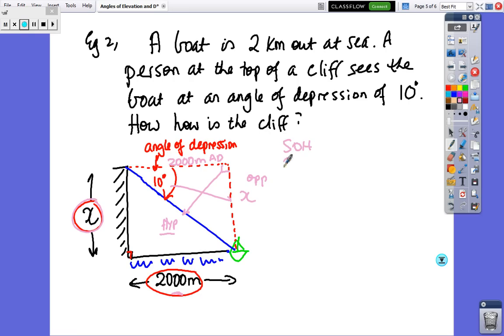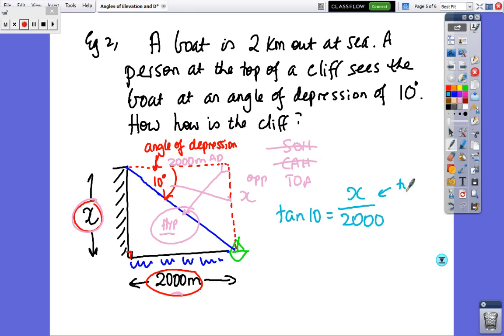So SOH CAH TOA. There's nothing on the hypotenuse, so we can't use sine, we can't use cos, so we have to use tan. So this time tan of 10 degrees equals the opposite over the adjacent. Now x is on top, so therefore it's a multiply. So the next line would be, therefore x equals 2000 times tan 10.